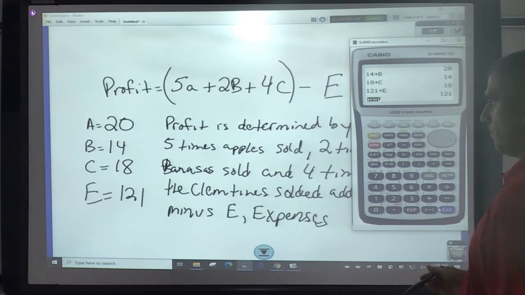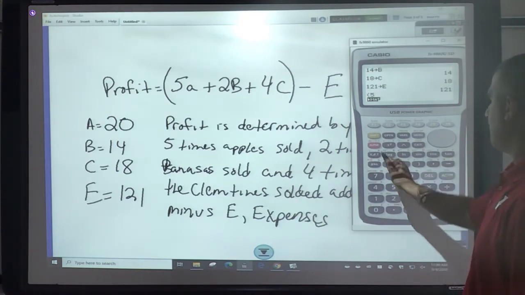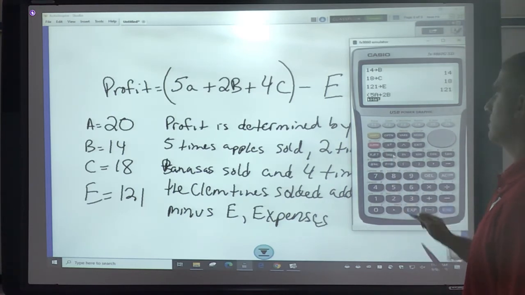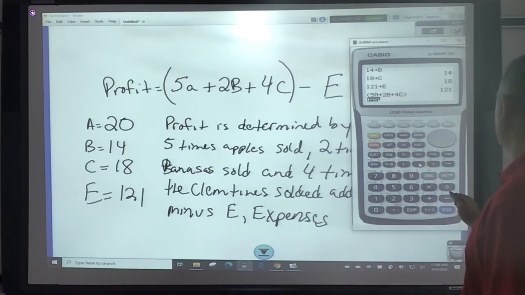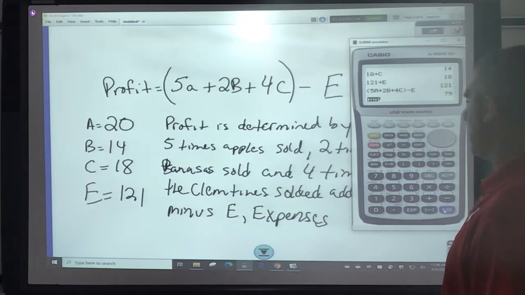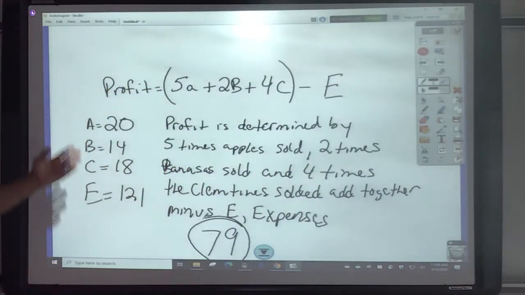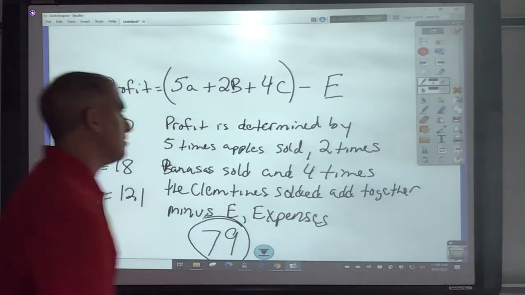Then I'm going to type in my parentheses, 5 alpha A, plus 2 alpha B, plus 4 alpha C, minus E. So my profit is $79. So all you're doing is substituting that stuff into that example.